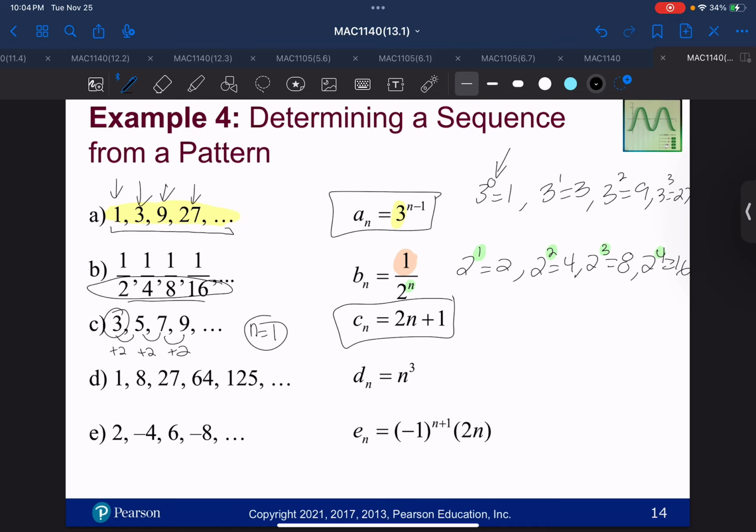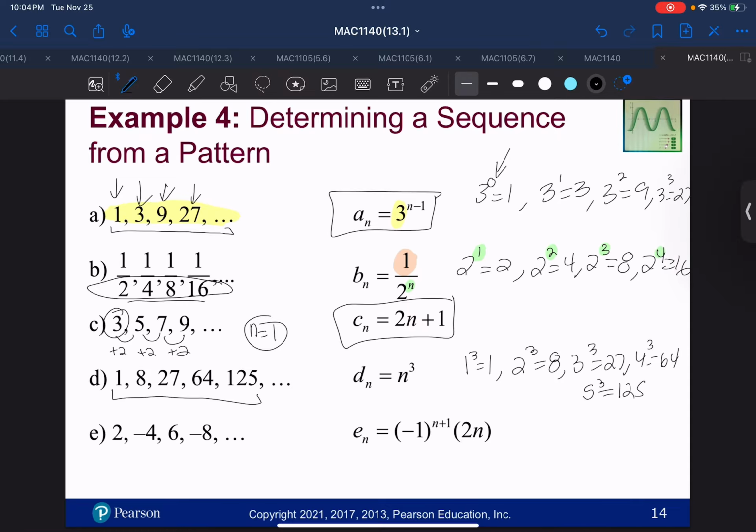Okay, these are perfect cubes. So 1 cubed is 1, 2 cubed is 8, 3 cubed is 27, 4 cubed is 64, and 5 cubed is 125.